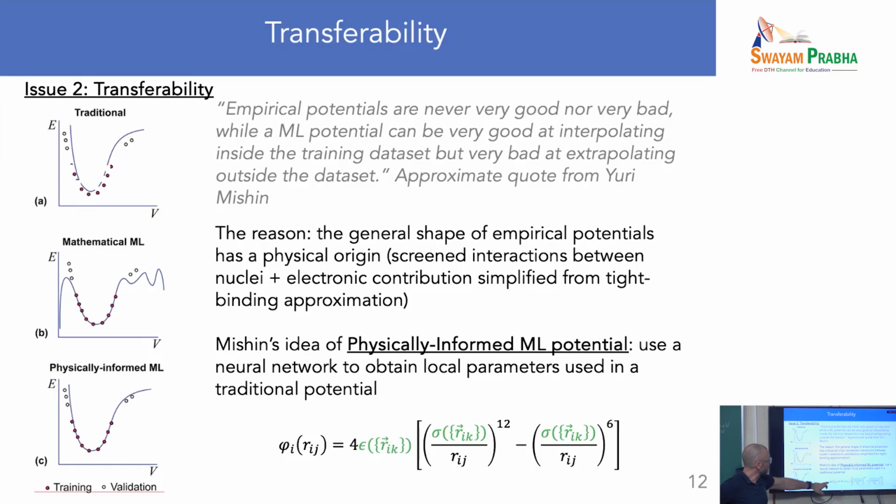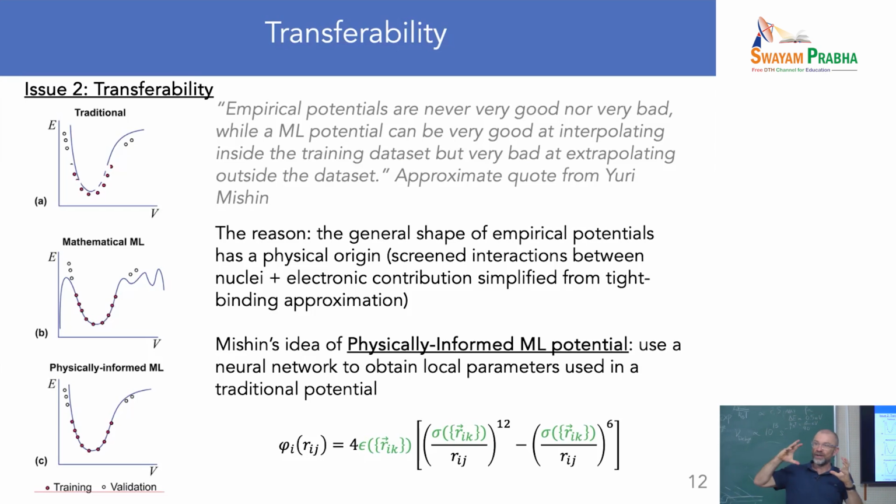The idea of Yuri Mishin is to have what he calls physically informed machine learning potentials. He starts with the shape of an empirical potential, like a Lennard-Jones potential. But now he does machine learning on the parameters of the potential. So every atom has its own group of parameters, and these parameters are obtained, for example, using a neural network potential through training.